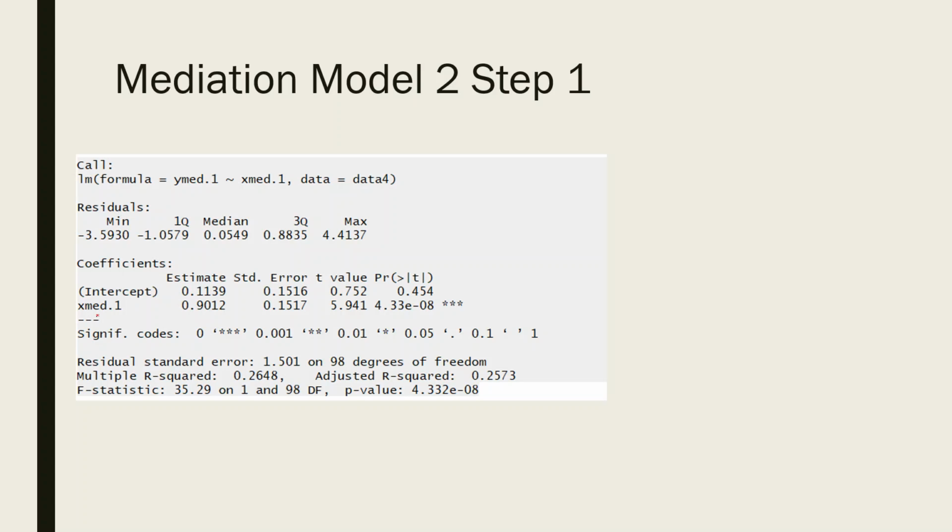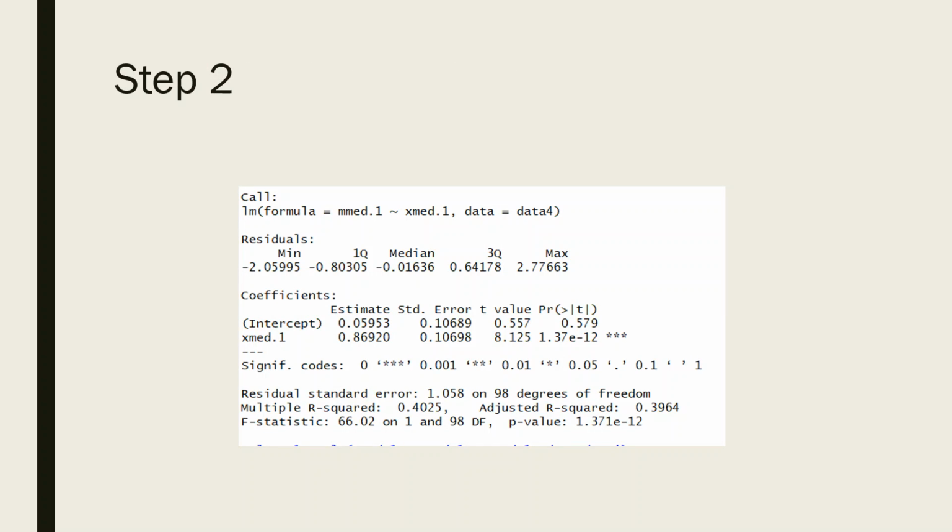Now we're going to have a look at one where there's complete mediation, and here we can see that our mediating variable, our X variable and our Y variable are significantly related here. And now what we can also see is the mediating variable M and X are also significantly related.